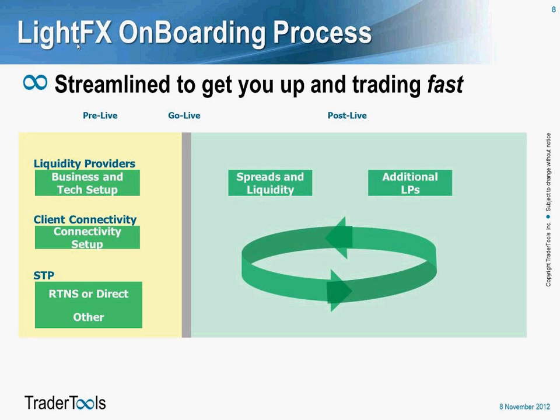Customer connectivity is as simple as possible. We require the customer IT to be involved just in allowing for connectivity into our system. As we know, banks are protective of their environments, and just very simple permissioning is set in place in order to allow for connectivity.